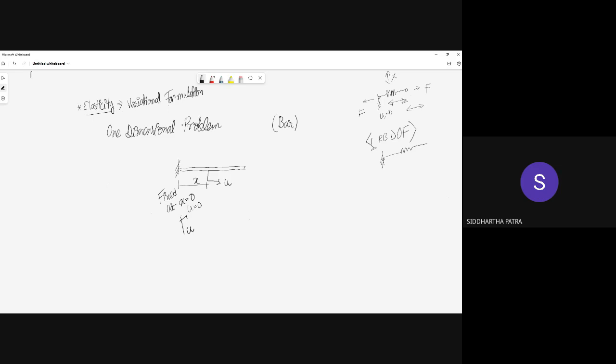deformations. Each point on the spring could be deforming in a particular way. But imagining if it is a linear spring and it is uniform and homogeneous, we can assume that the deformation is linearly changing from this end to that end.